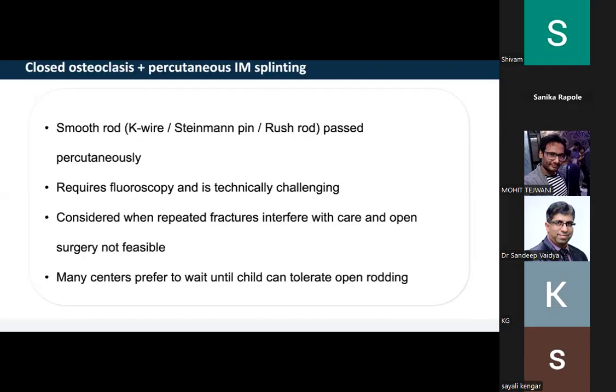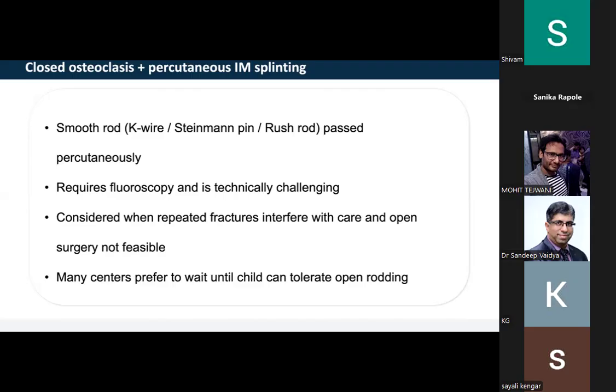So, closed osteoclasis and percutaneous intramedullary splinting: while we correct the deformity externally, we could pass a smooth rod, like a K wire or a Rush nail or a slim nail, percutaneously as an internal splint. It is indicated when repeated fractures interfere with child care and the child is too small or fragile for formal open rodding. This is technically difficult and fluoroscopy is essential.